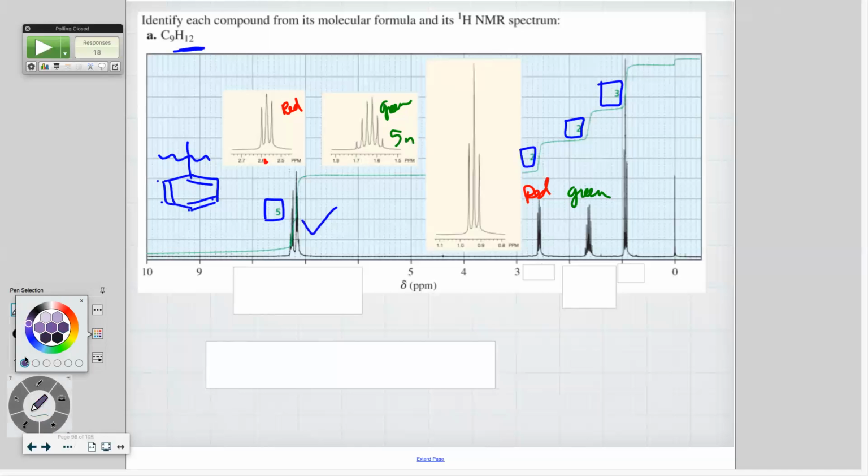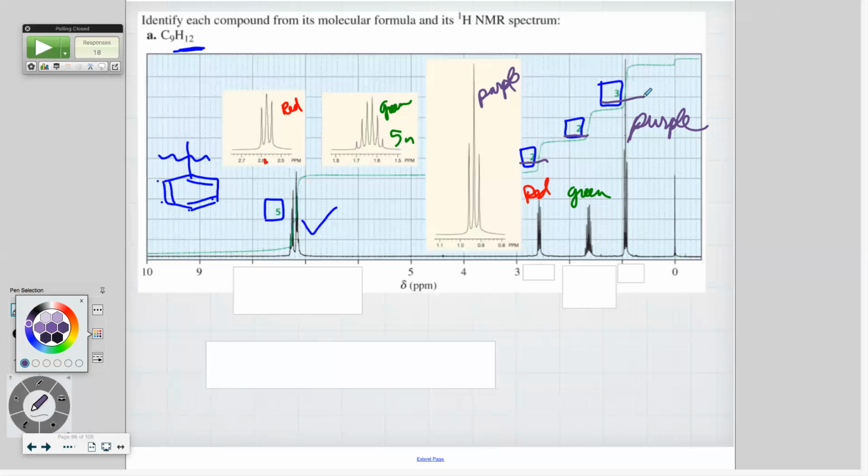Okay, is this one, and it had better be this one. You didn't like purple, I guess. What's wrong with that? Okay, what can you tell me about the number of hydrogens of each one of those peaks? This one is 2. This one is 2, and the purple one is 3.